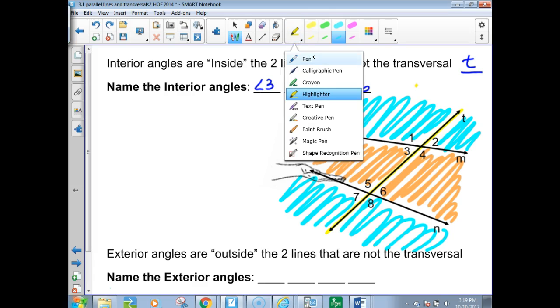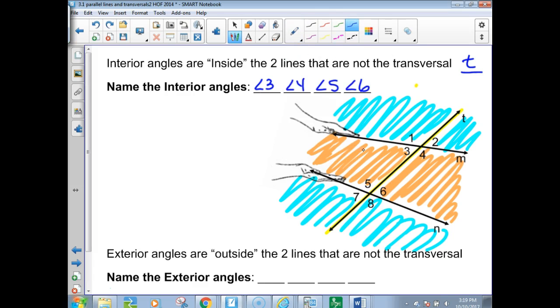This is your interior, this is your exterior, and your exterior on the other side too. Exterior angles are the outside angles. That's going to be your 1, 2, 7, and 8. Now your picture doesn't have the hands. I just put them on here.